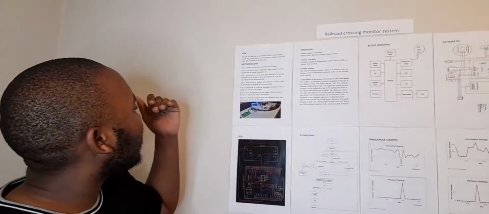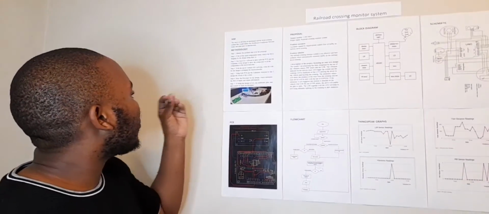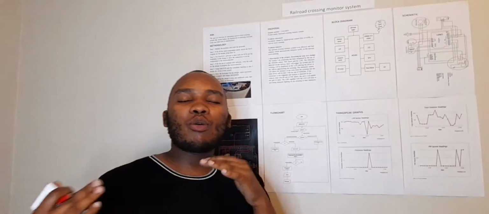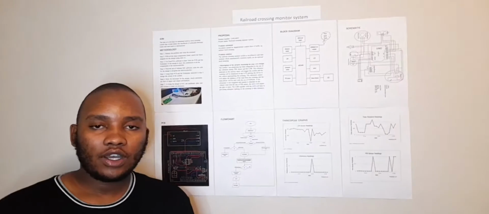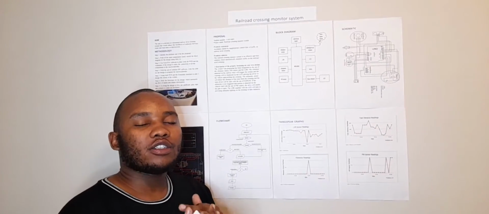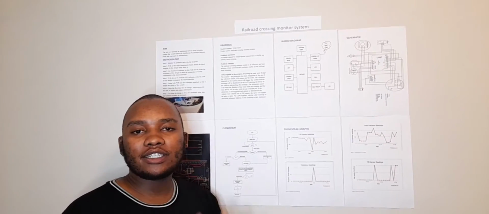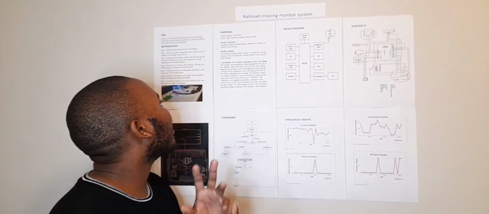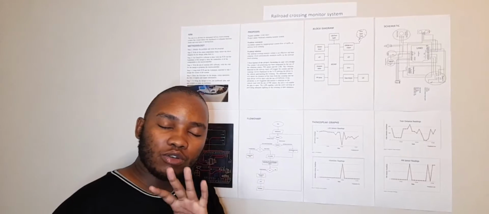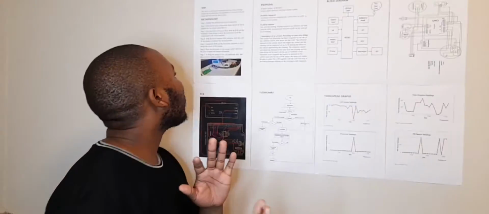In the third step, I used the software EasyEDA to draw both the schematic and the PCB. With the aid of the Arduino IDE software, I wrote code to program my microcontroller, which is my Arduino Uno R3.